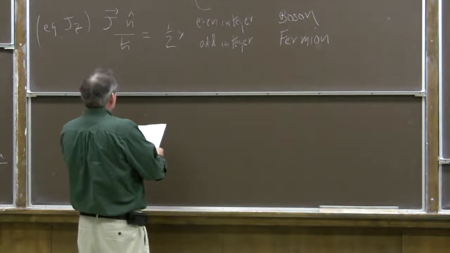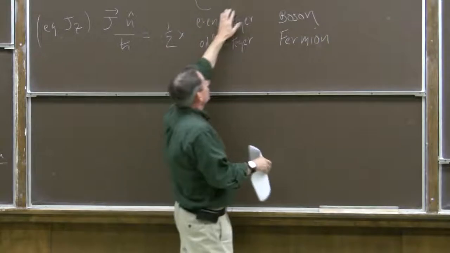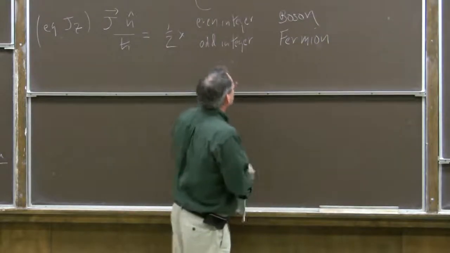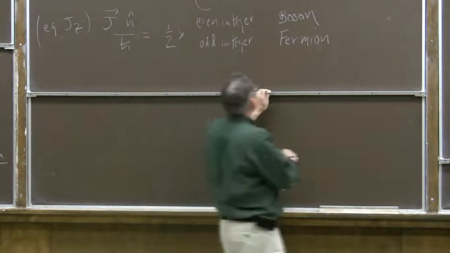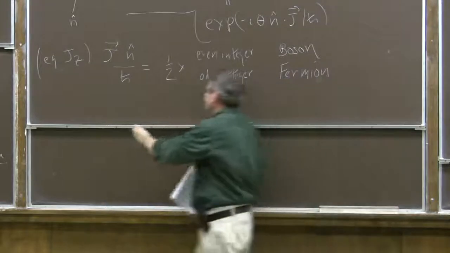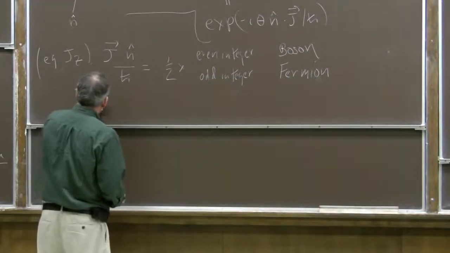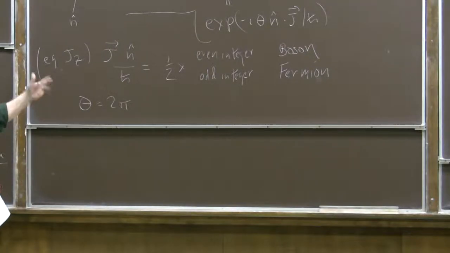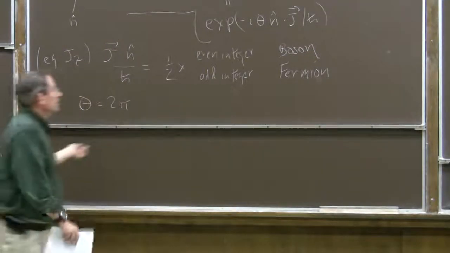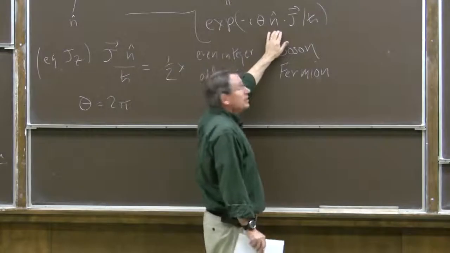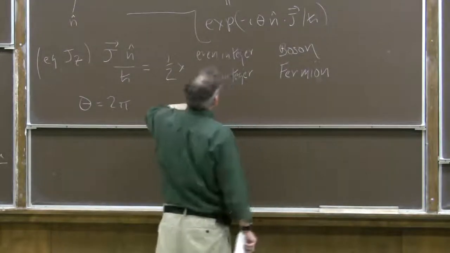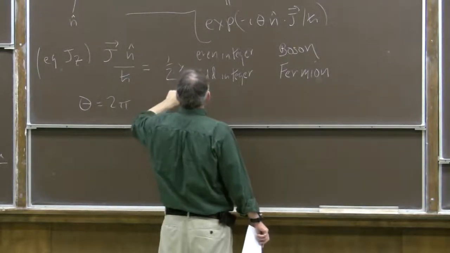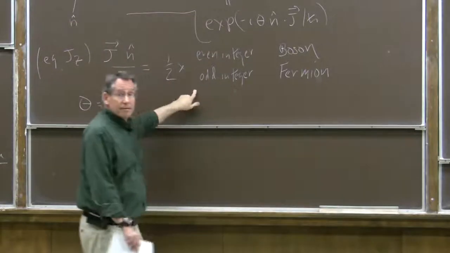But if I consider how this unitary transformation behaves when theta is 2 pi, n hat dot J, depending on whether it's a fermion or a boson, is going to either be an integer or an integer plus 1/2.